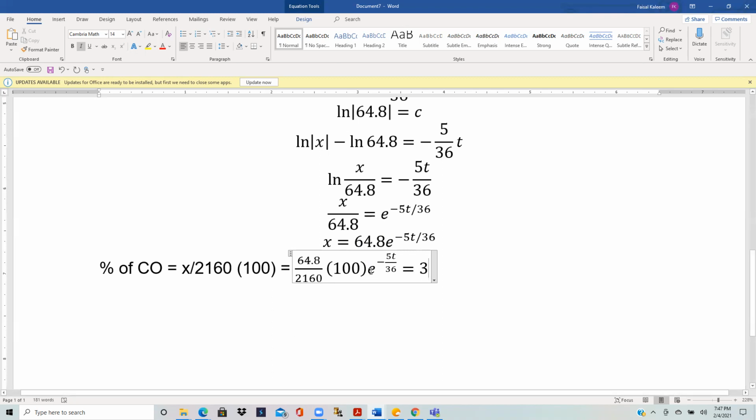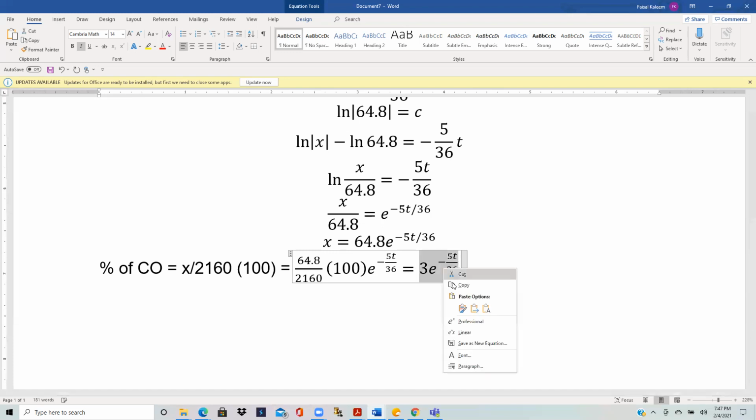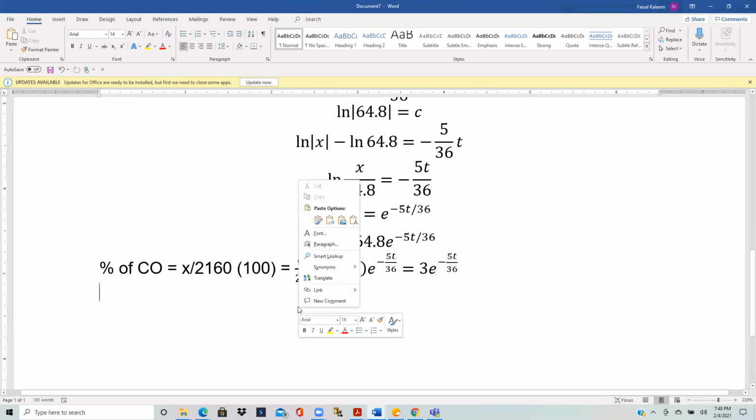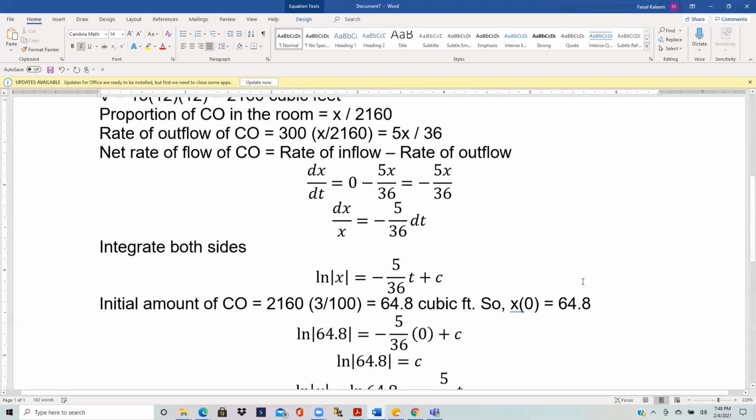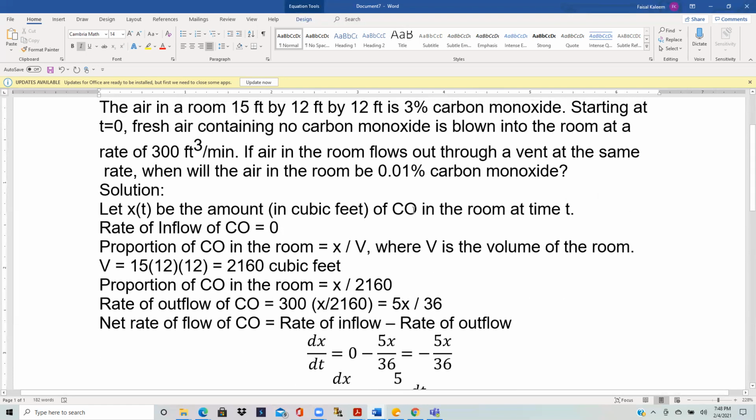So 3 times this is the percentage of carbon monoxide. We want this percentage to be equal to 0.01.